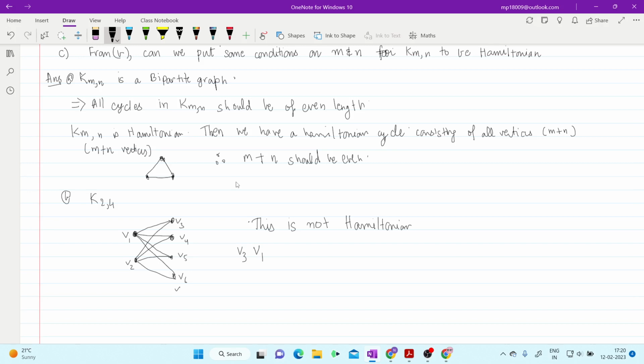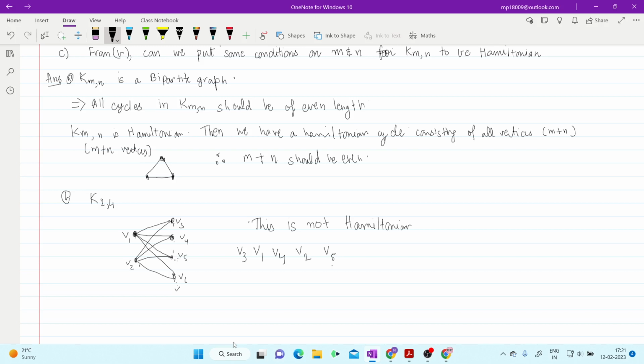Now the next vertex will be from set B, say V4. Then from set A, say V2. Then let's say we take V5. We have covered V1, V2, V3, V4, V5. But now we have to connect V6, and we won't be able to because there is no edge between V5 and V6. So we cannot construct a Hamiltonian cycle here because we have to alternate.